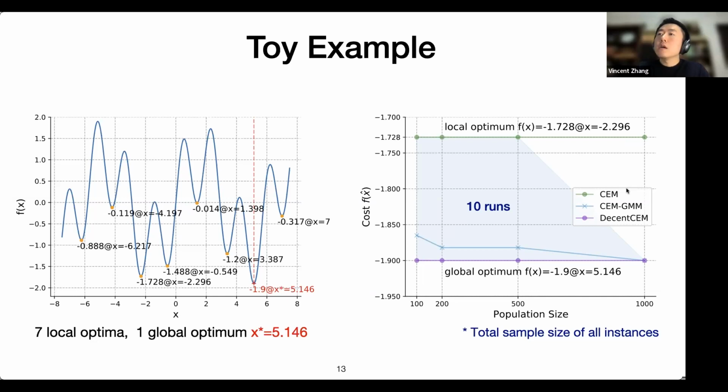And so DecentCEM is the only method that could consistently find the global optimum, where CEM always got stuck in this local optimum. And even if you make it more powerful with GMM, the performance would vary. You would really need to increase the sample size to 1,000 to reach a consistent solution at the global optimum.